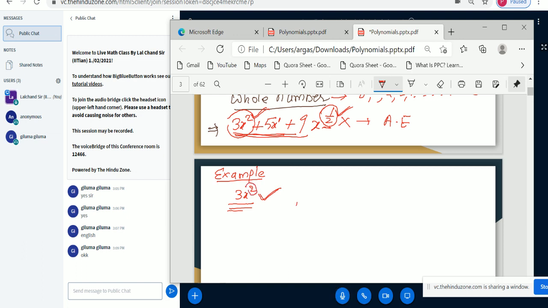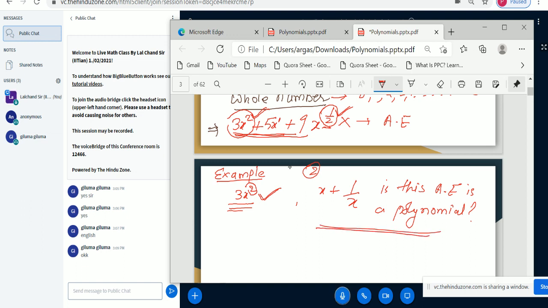If I write an expression like x plus 1 by x, the second expression, is this algebraic expression a polynomial? Now tell me about this.